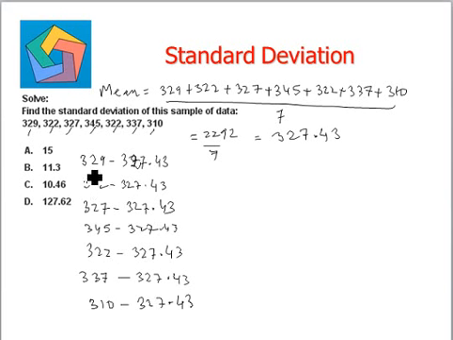So let's count: 1, 2, 3, 4, 5, 6, 7. That's correct. Now we'll work out the differences first.